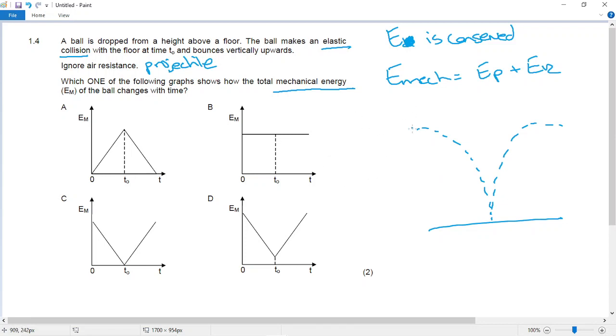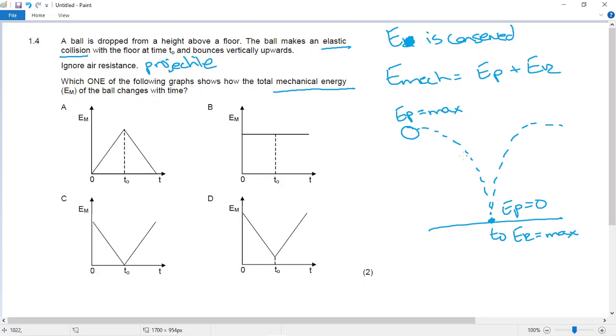If we were to look at the ball over here, say this is at time t0. If we look at the ball here, all of the energy here is EP, if we use the ground as zero reference. So here the potential energy is at a maximum. On the floor here, the potential energy is 0 if the floor is our zero reference, but the kinetic energy is at a maximum.